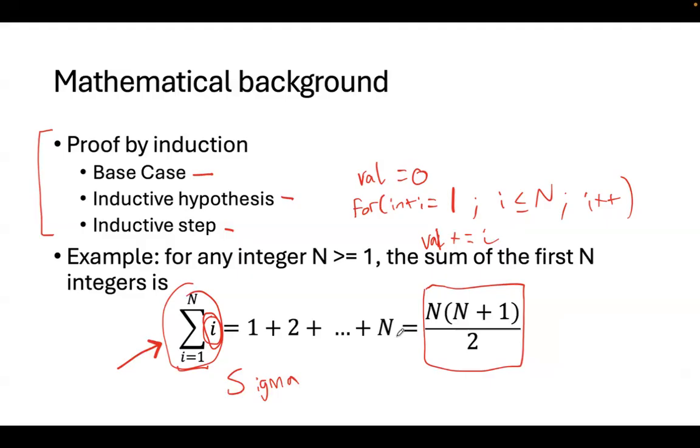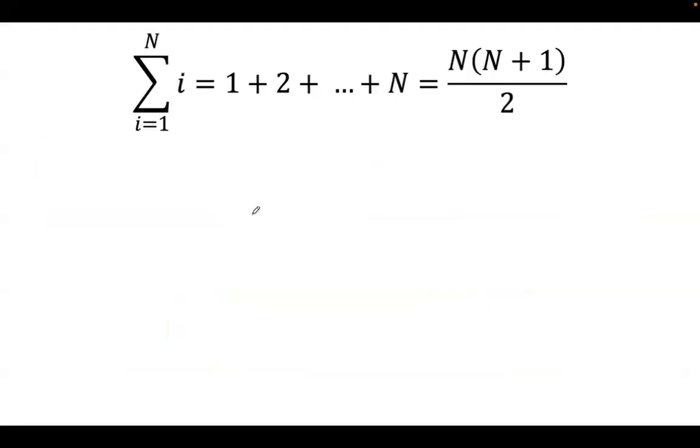We want to prove this by induction. So I'm going to walk you through. We have a base case, an inductive hypothesis, and an inductive step. Again, this isn't going to be on the final or anything. I just want to show you. Okay.